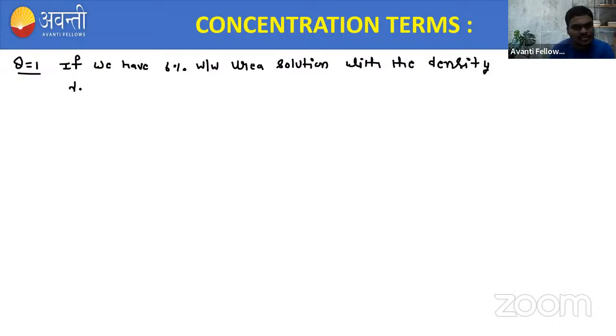What is density, beta? Density is equal to 1.060 gram per milliliter, right? Then calculate the strength in gram per liter.